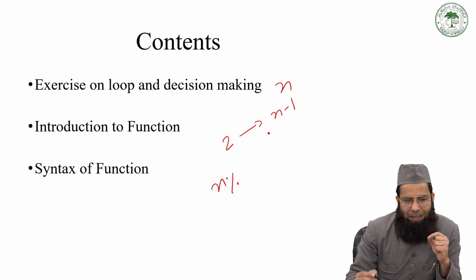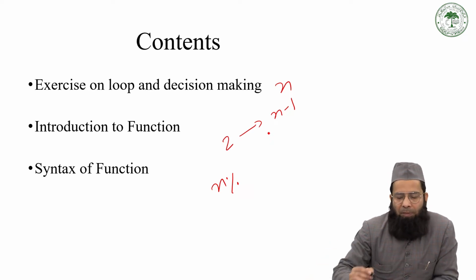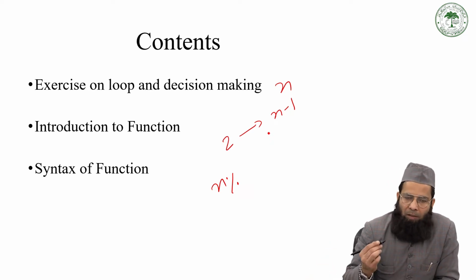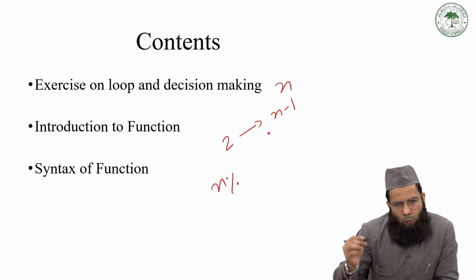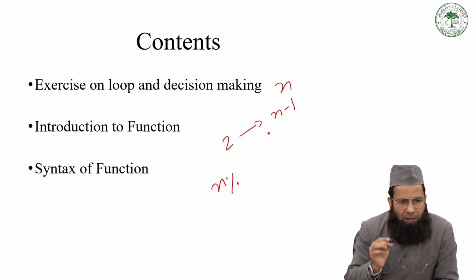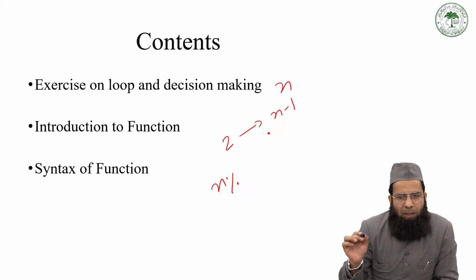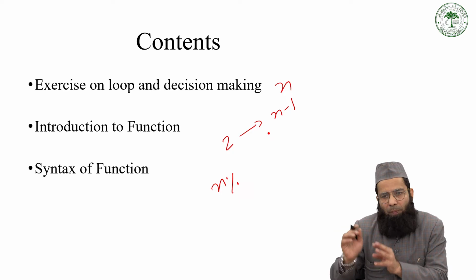If it is divisible by any number between 2 to n minus 1, it means this number n is not a prime number. So our intention will be to start dividing from 2 to n minus 1. If it is divisible by any number between 2 to n minus 1, then that number is not a prime number. So in this way we will proceed.